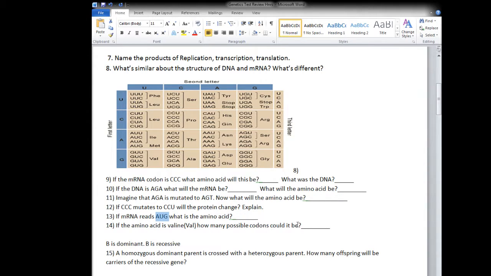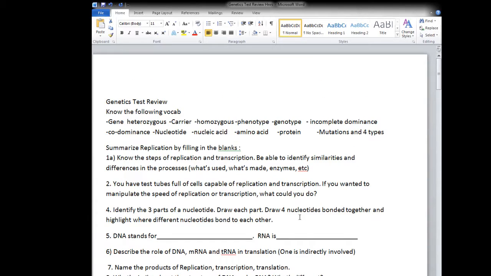So you could slightly heat the, what the heck's it called? The test tubes.